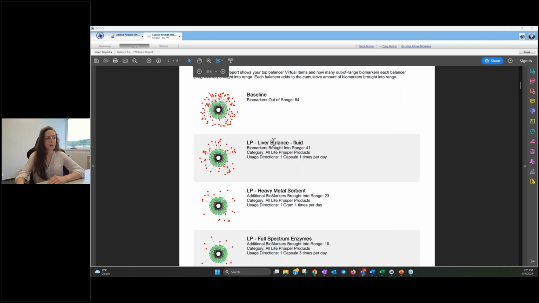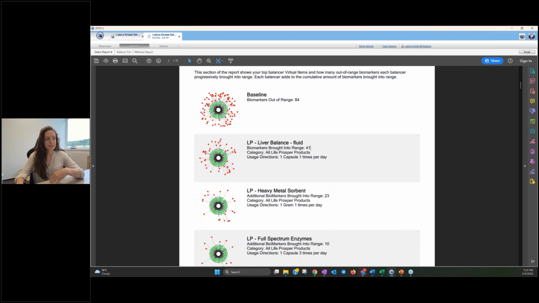You can see that the next part is the list of Life Prosper products, and there is also a number next to it. So you can see that the first one, the liver balance fluid, would bring 41 biomarkers out of 84 back to normal for me. So this is clearly the number one product my body needs, and I want to start using it right away.